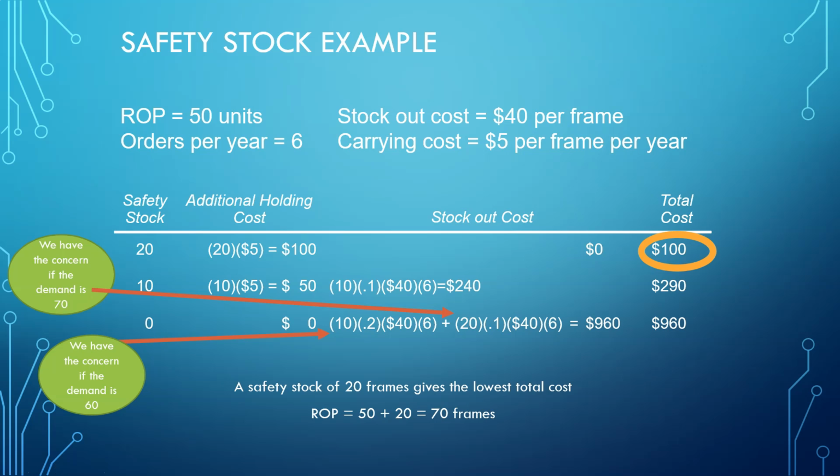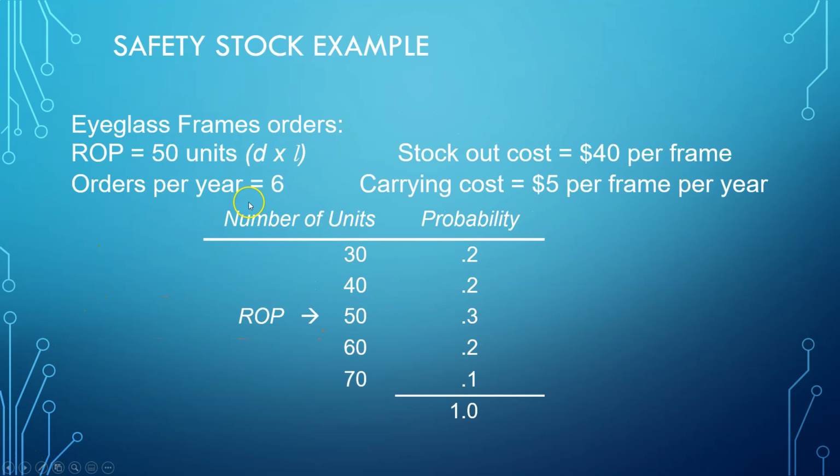The objective is to find the amount of safety stock that minimizes the sum of the additional inventory holding cost and stockouts. The annual holding cost is simply the holding cost per unit multiplied by the units added to the reorder point. For example, a safety stock of 20 frames implies that the new reorder point with the safety stock is 70, because we already have the reorder point at 50, which is the daily demand multiplied by the lead time.